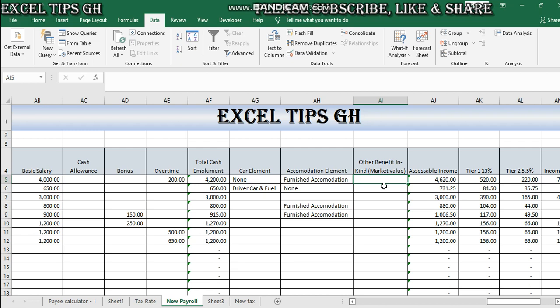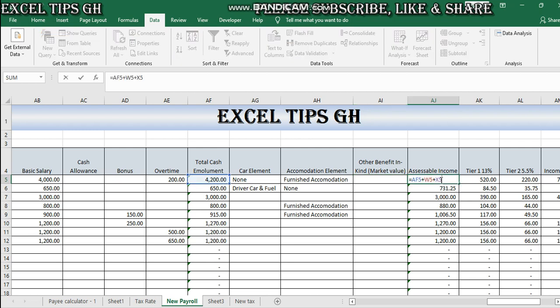And then gift vouchers, you need to add the value of those gift vouchers in here. Maybe the employee is given airtime, I mean credit airtime for calls. All of the value of those benefits needs to be added here. And then we need to adjust this side as well.